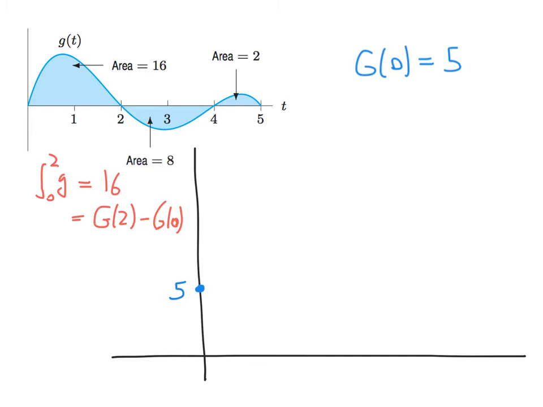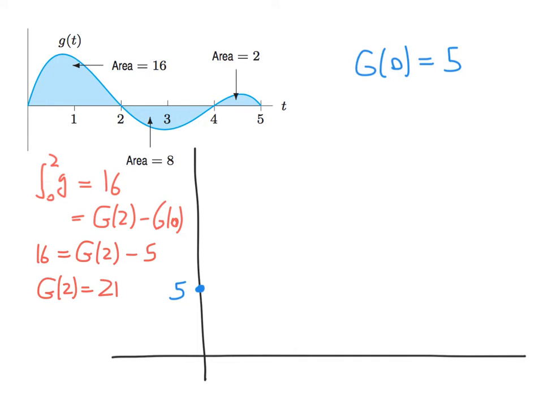But we know capital G of 0 is 5. So this area of 16 is equal to G of 2 minus 5, which means that G of 2 is equal to 21.